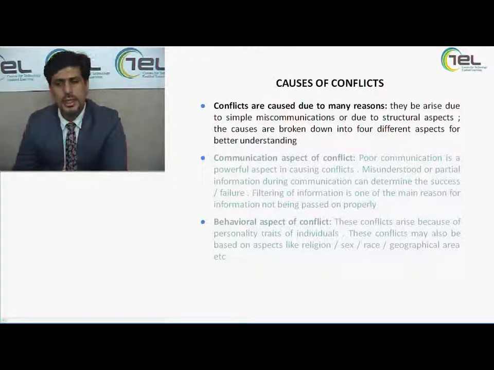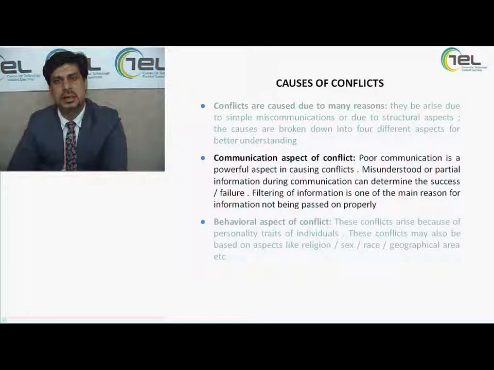So, in order to understand the causes of conflicts in a little bit better format, we will break them down into 4 parts and try to understand them better. The first is communication, by far the most important and the crucial aspect of conflict.